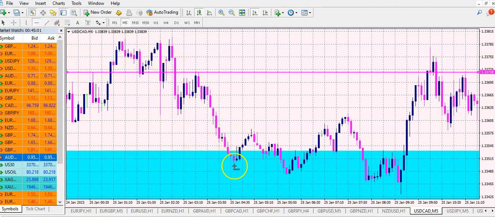Now what we are looking for is really very simple. Basically when price is doing a pullback into your demand area, what you're going to have is a series of lower highs and lower lows.